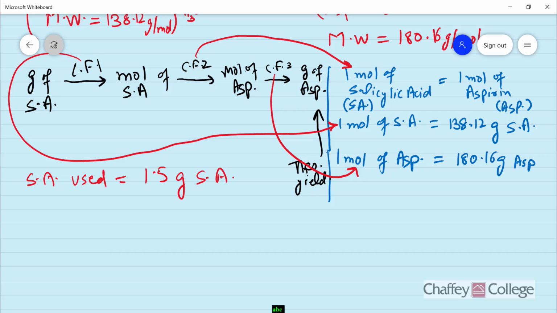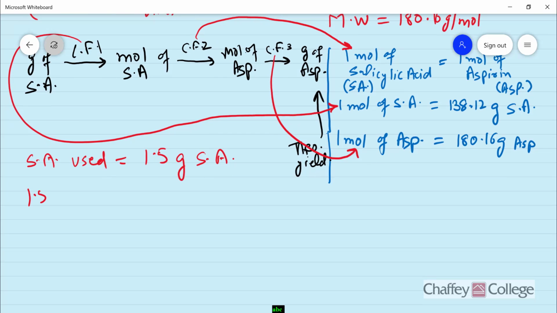In your case, you may have started with something else, so use your value. If we conduct this reaction with 1.5 grams of salicylic acid, let's see what my theoretical yield will be. So I'm going to plug in the salicylic acid value here.